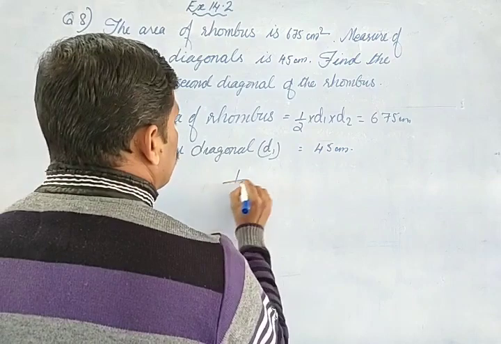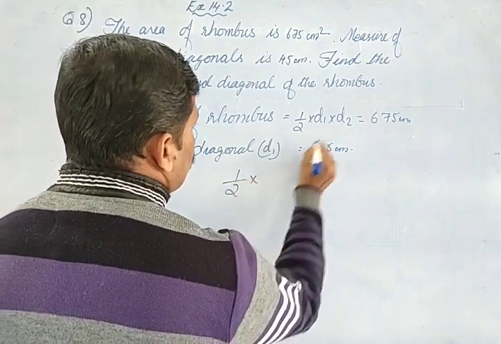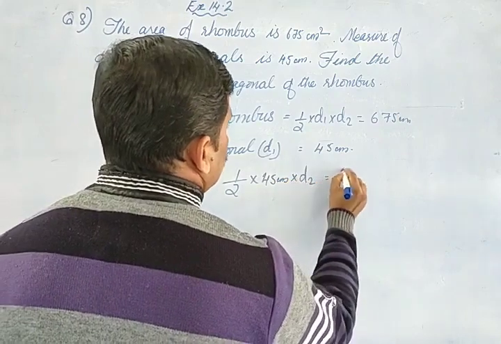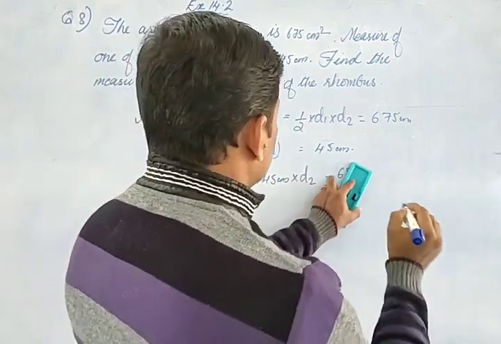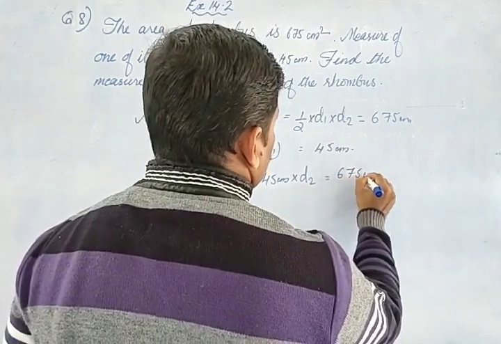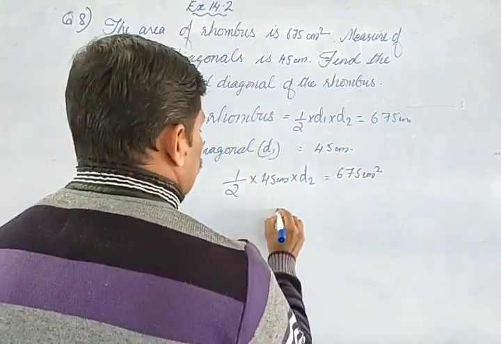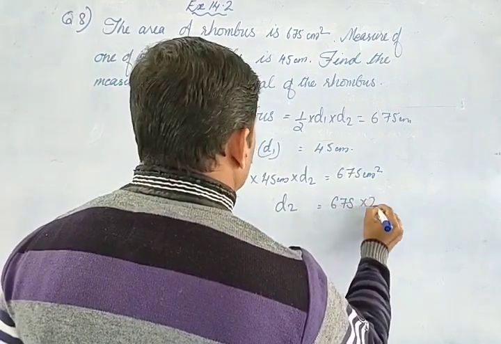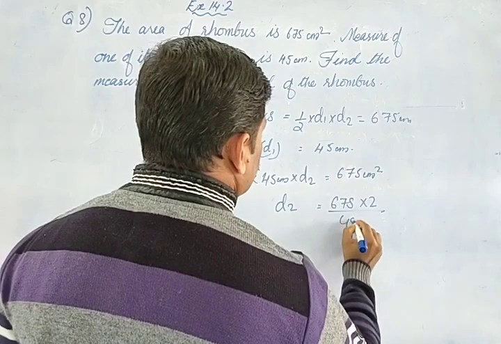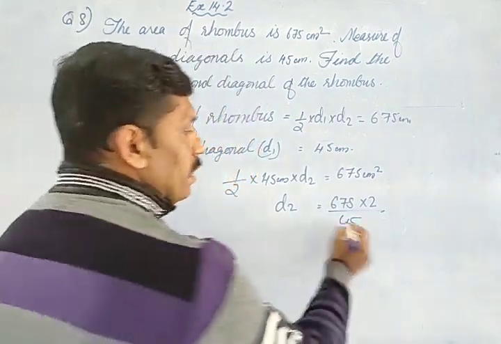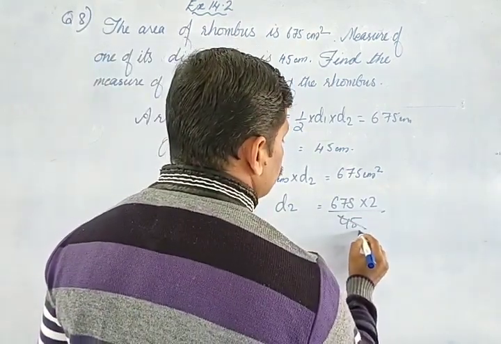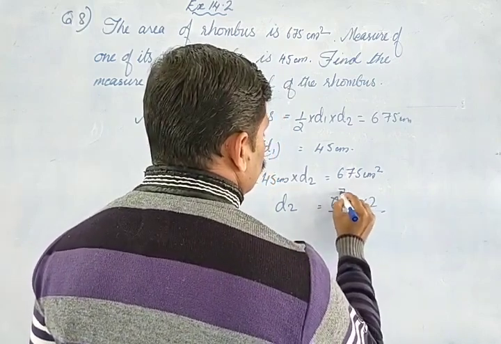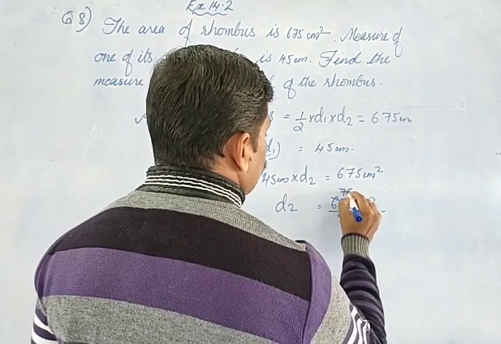Therefore, how to find out the other diagonal? Half into D1, D1 we write 45 centimeters, into D2 is equal to 675 centimeters square. That means D2 is equal to 675 into 2 divided by 45. By 9 we can cut: 9 5s are 45, 9 7s are 63, and 9 5s are 75.